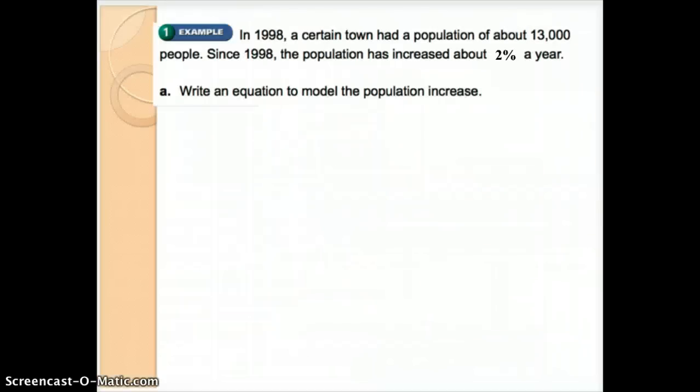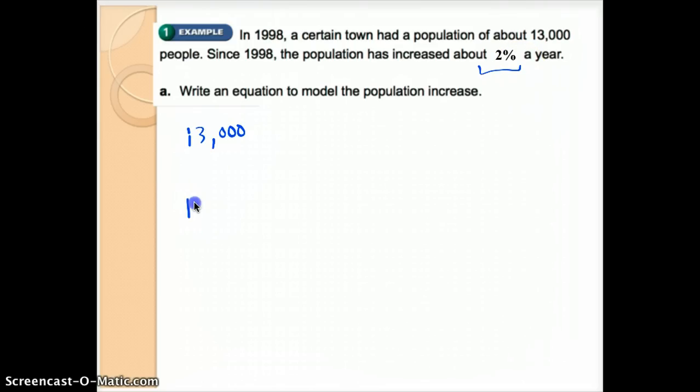All right, in 1998, a certain town had a population of about 13,000 people. Since 1998, the population has increased by about 2% a year. So if I was looking at a problem like this, I would know it would be starting at 13,000 people. And then to find out if I'm increasing by 2% a year, this is important.